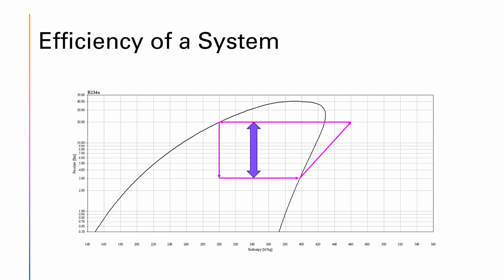Those two lines, the closer they are together, the more efficient the system is. So, for example, in here we have possibly a dirty condenser, and it's given us a false raised head pressure, so the system's a lot less efficient than it should be. What the F-gas people are looking for is to know that you are aware of this and you can hopefully prevent it.